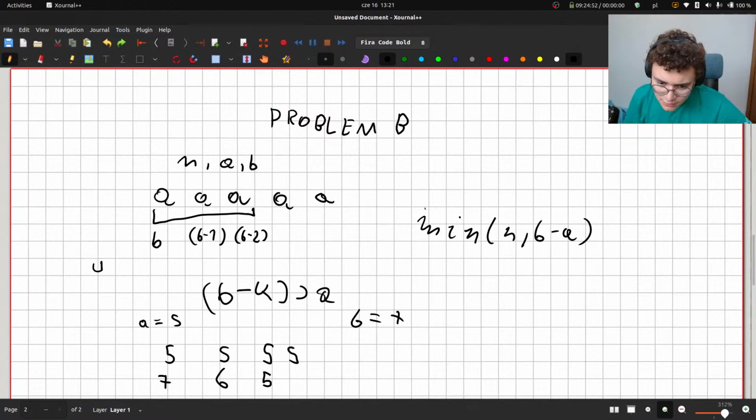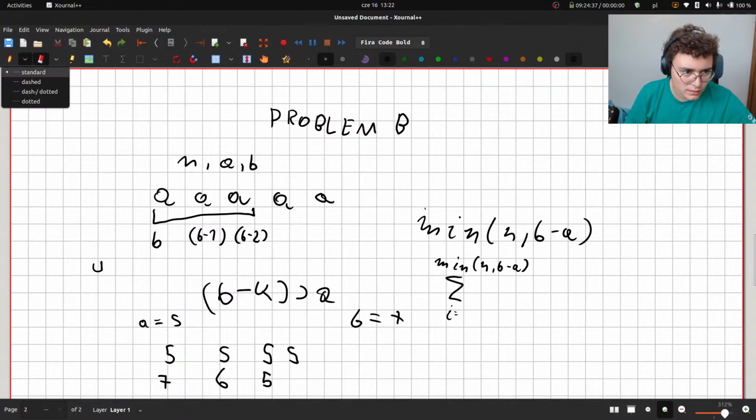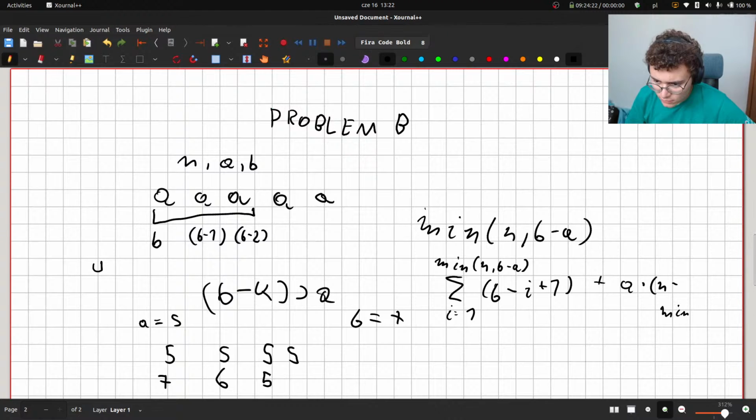So our answer will be the sum of numbers from I equal to 0 to minimum of n and b minus a, of b minus I plus 1 plus a times n minus minimum of n and b minus I.